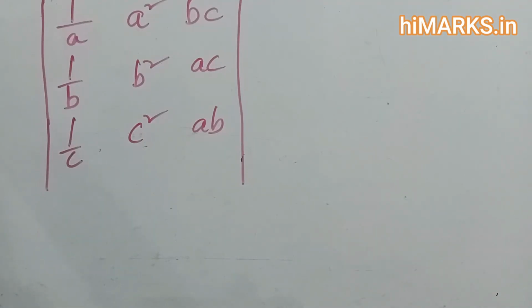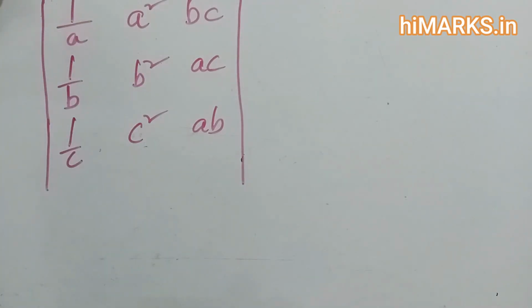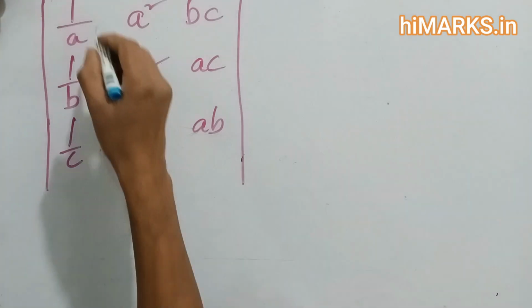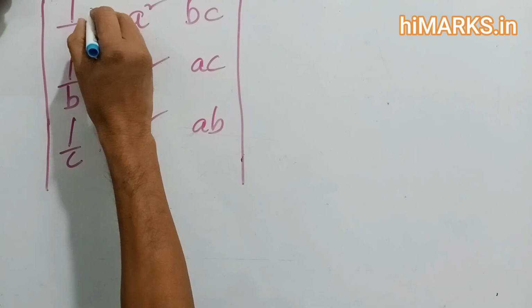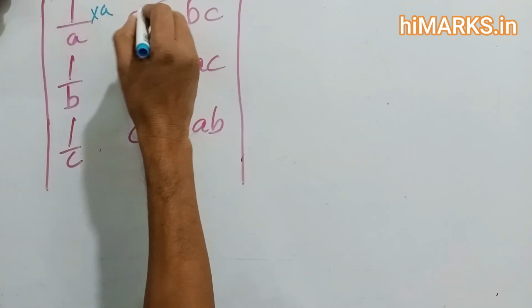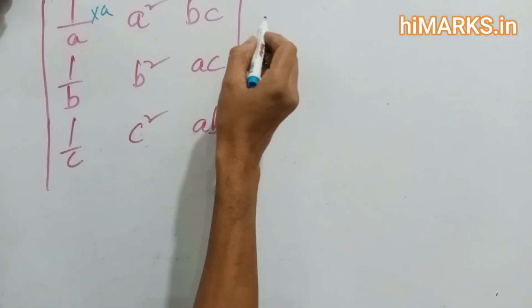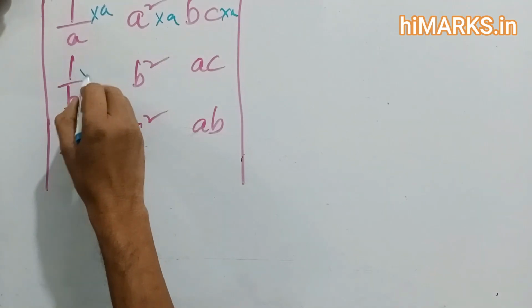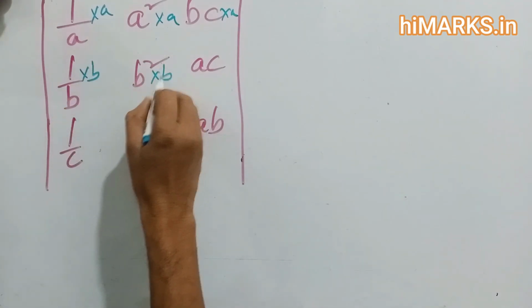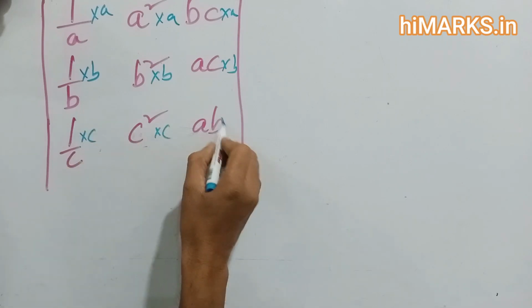This is the determinant, and we need to prove that without expanding, the value is 0. You observe here, the plan is to multiply a with this row, b with this row, and c with this row.